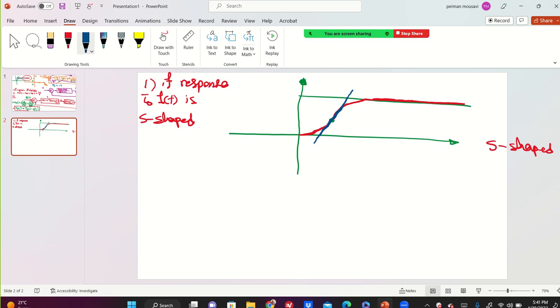You're going to name this time 0. You're going to name this as L. L means delay term, because it takes delay to rise up.